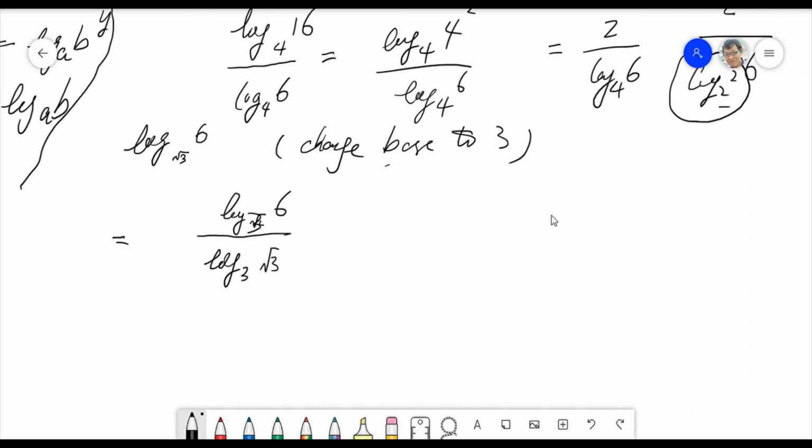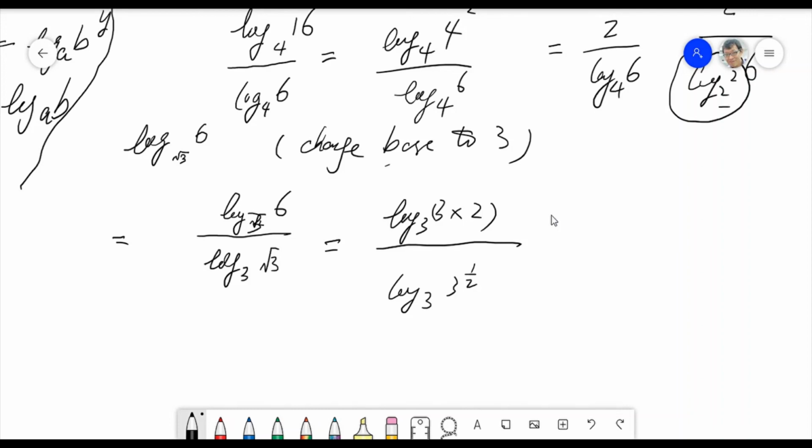Oh yeah, I just remembered. This one can be written as log base 3 of 3 times 2. Of course, it's better to group them. And the top can be log base 3 of 3 to the 1/2.